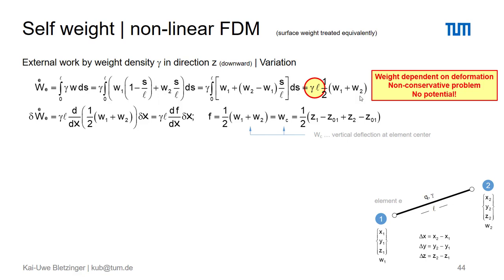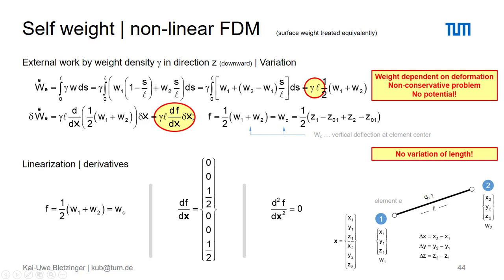During the deformation, the load is changing its position, and the load itself is also changing values. If you go further to the variation, not the load itself has to be considered, but only the change of deflection, the F, which has to be varied. We do not have to consider the variation of the length in this expression.